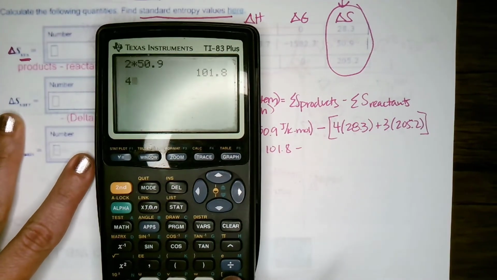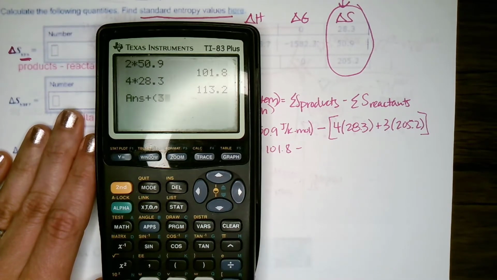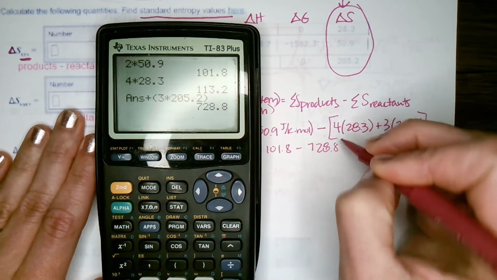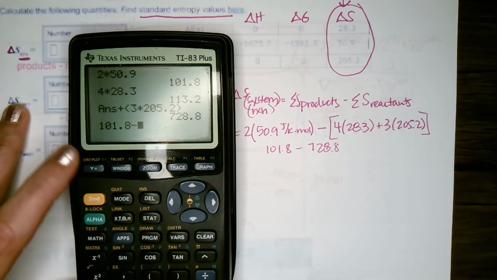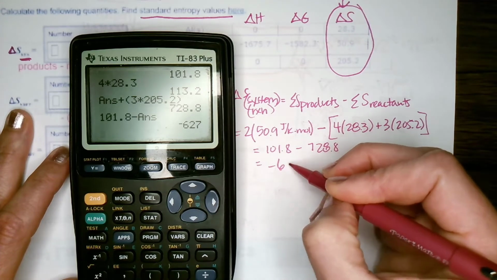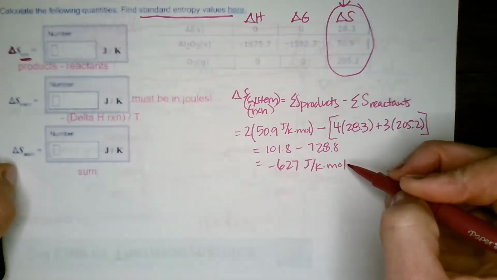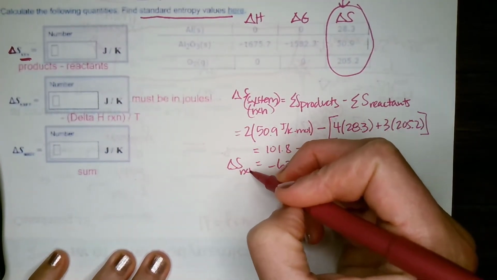We have 4 times 28.3. We're going to add that to 3 times 205.2. I got 728.8. So let's do 101.8 minus my answer that I got. You should get negative 627 joules per Kelvin mole. And that was my delta S from my reaction or my system.